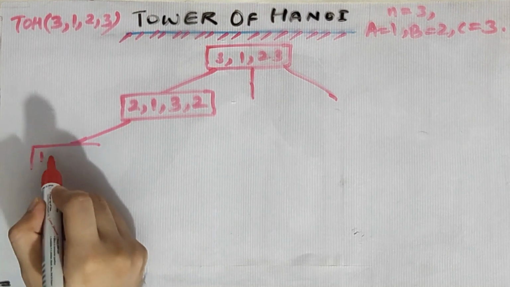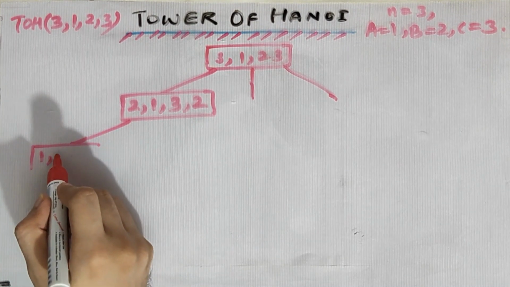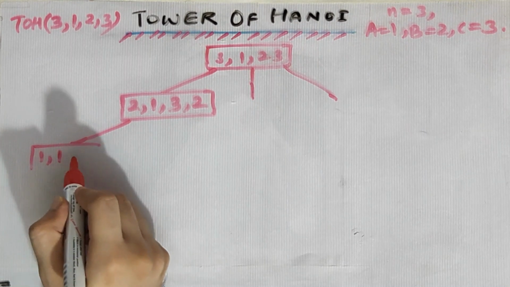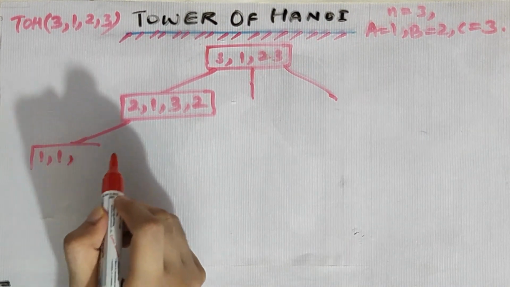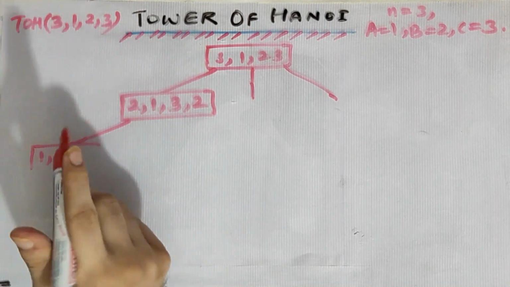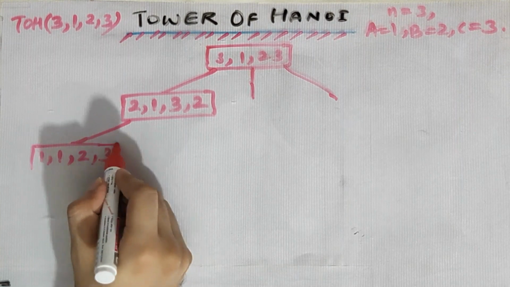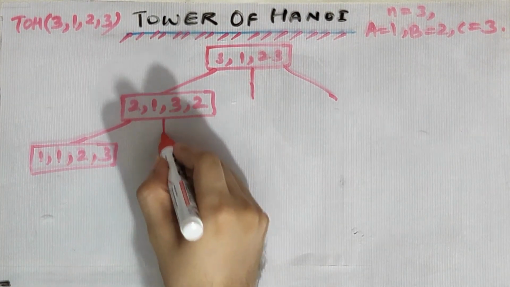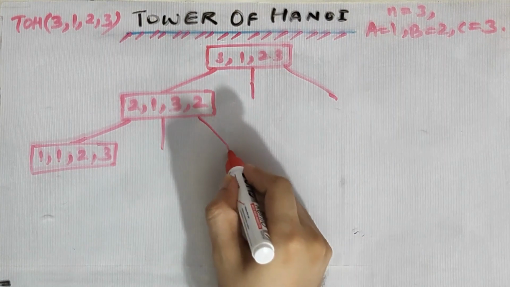First is the recursive call with a reduced number of disks, and we will have to move the n-1, that is 1 disk, from tower 1 to tower 2 using tower 3. It will perform these 2 operations at the returning time.